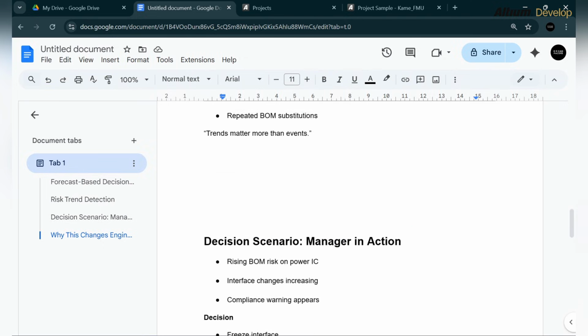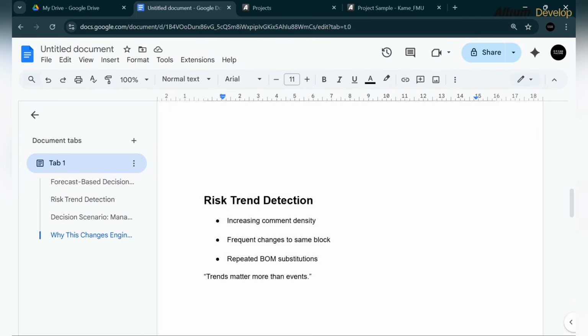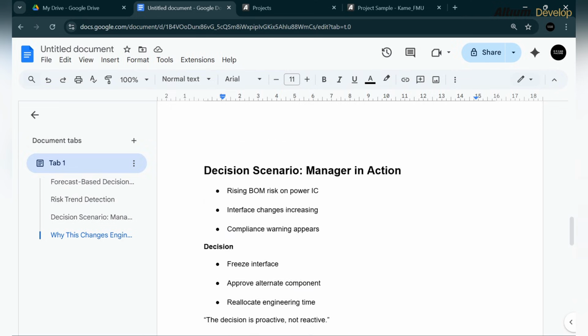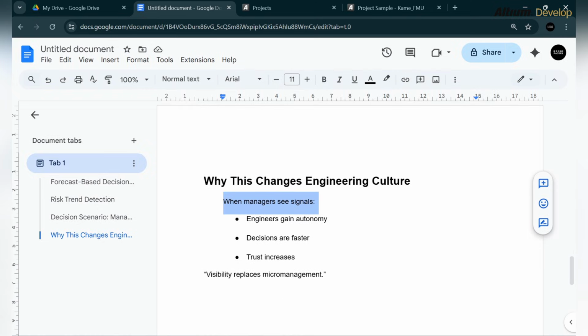So why do these changes affect engineering culture? When managers see the signals, engineers gain autonomy. The manager will obviously discuss these issues with the designers and can resolve them.